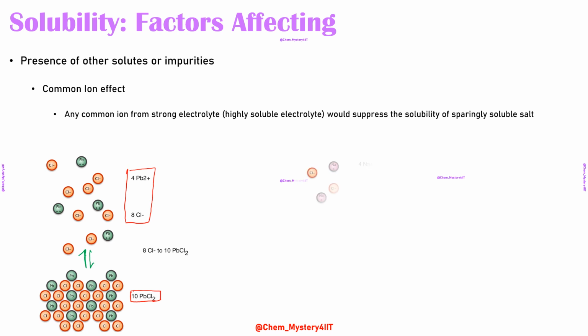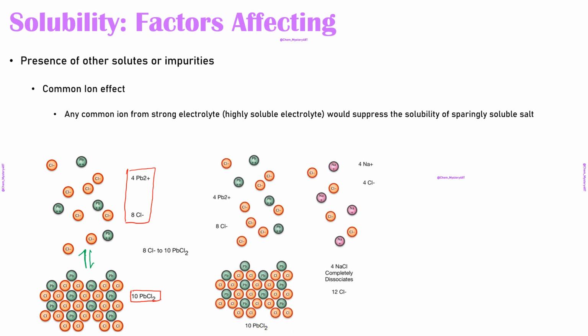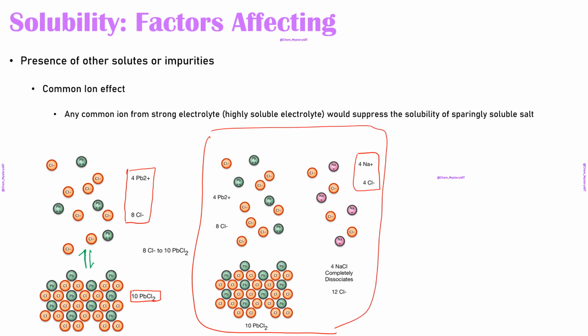And now if we add some NaCl into it, say we add 4 NaCl into the same solution which was present earlier. What is happening now? Earlier we had only 8 chloride ions. Now 4 extra chloride ions have joined these 8, so the total becomes 12 chloride ions.